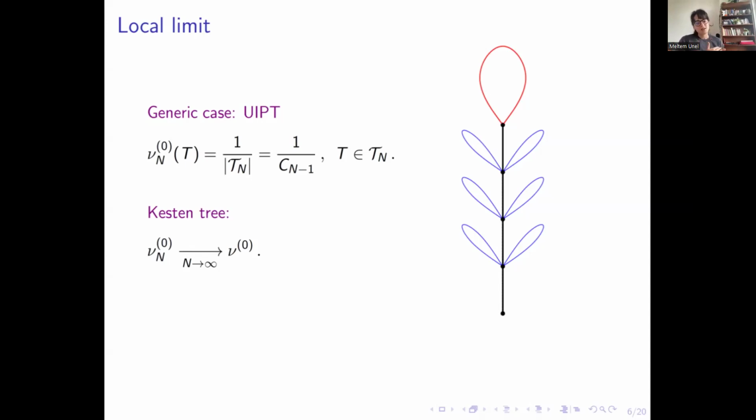Then the limiting object is called Kesten tree. If I take the critical Galton-Watson trees with the geometric offspring distribution, this reduces to the uniform case, and so the limit is also a Kesten tree. The uniform infinite planar tree is just the instance of this limit when the offspring distribution of the underlying Galton-Watson trees is geometric.